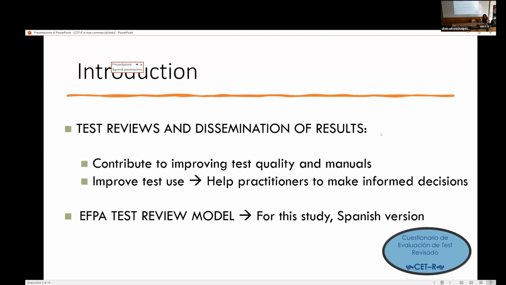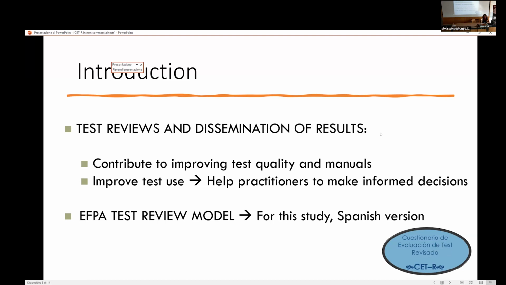This way, we think we are contributing to improving test quality and also the manuals that come with the tests, and also improving test use, because practitioners are more aware of the characteristics, the benefits, the problems of the tests whose reports are published, so they can make more informed decisions.